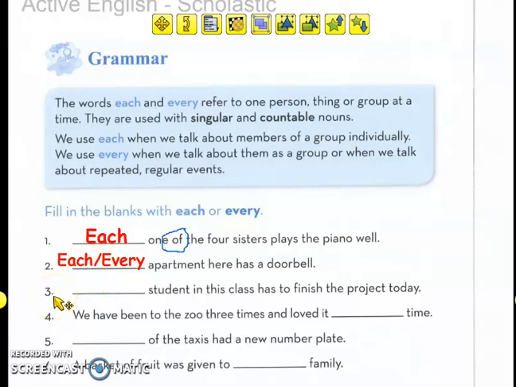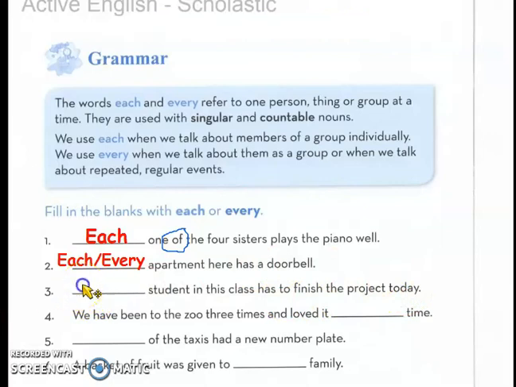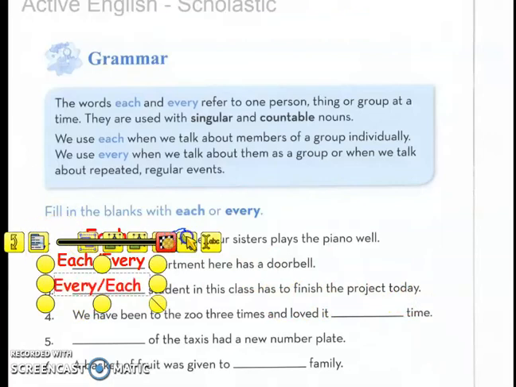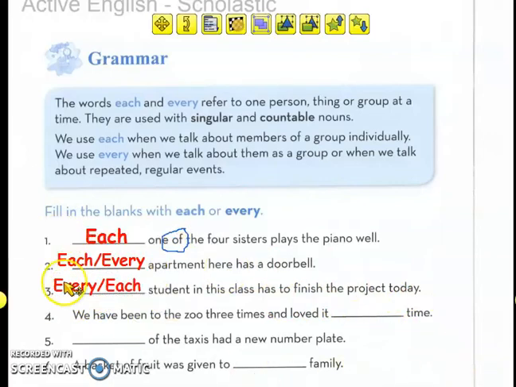What about number 3? Student in this class has to finish the project today. What is the answer? Again, here, my students, we can use every and each depending on the meaning or the context. حسب المعنى المتحدث اللي برغبه أو السياق. So, we can say every student in this class has to finish the project today.